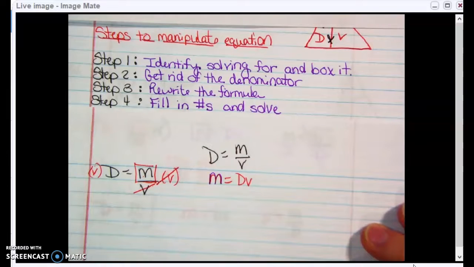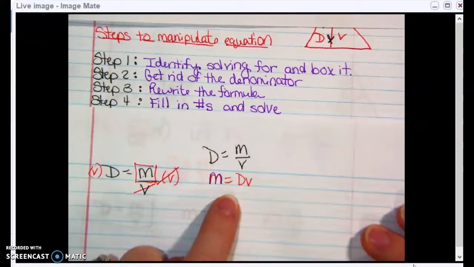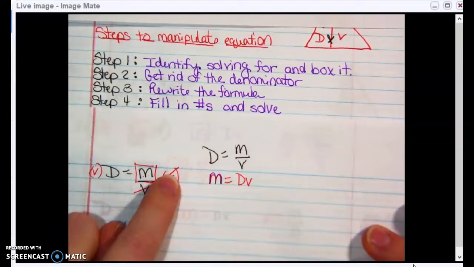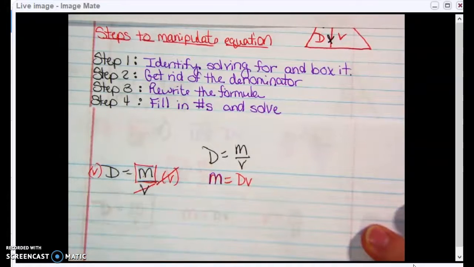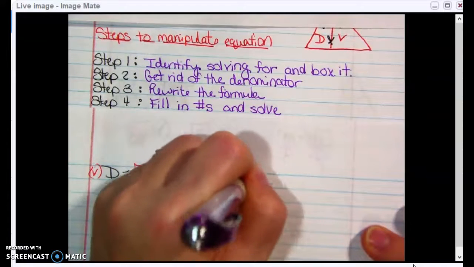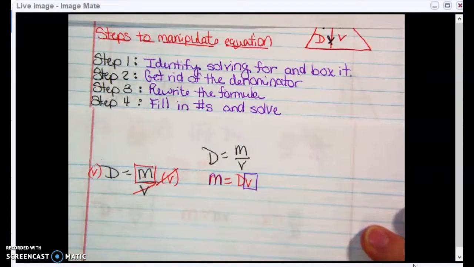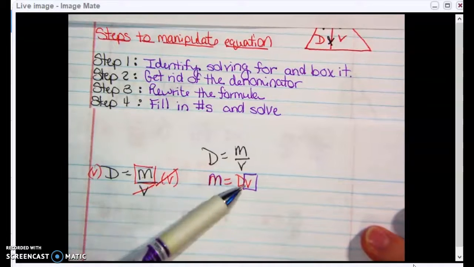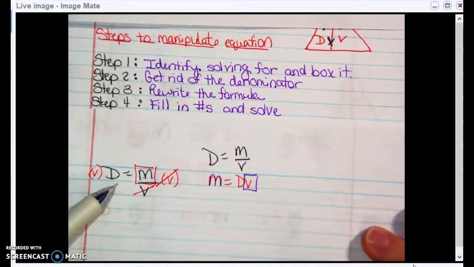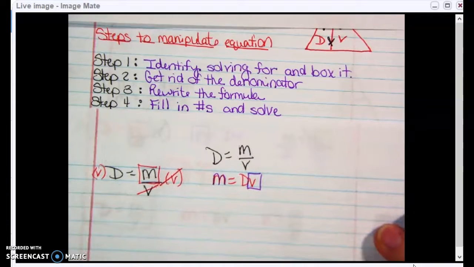Okay? So we're now going to figure out how to solve for volume. We already have the first step for that because you still have to get rid of the denominator. But now you want to get V by itself because you're solving for V, right? So if you're solving for V, you have to do this step first, and then you have to do another step.